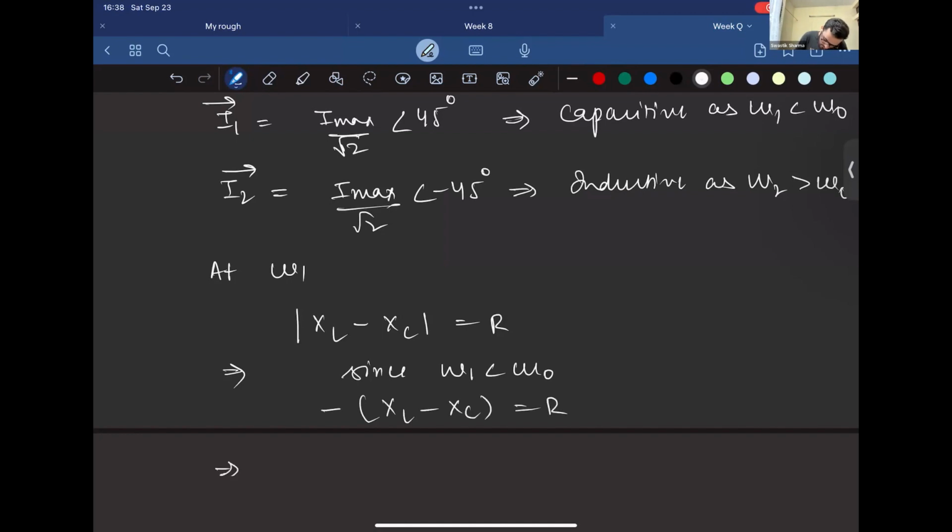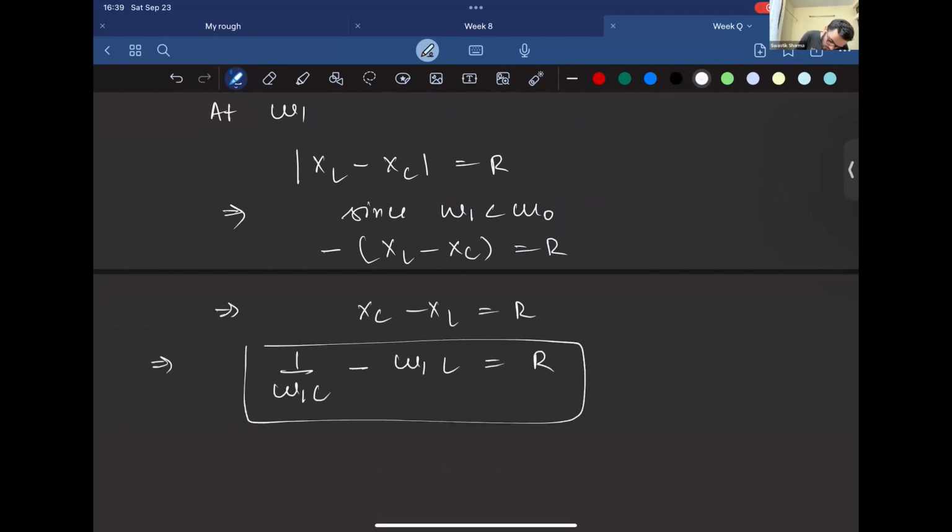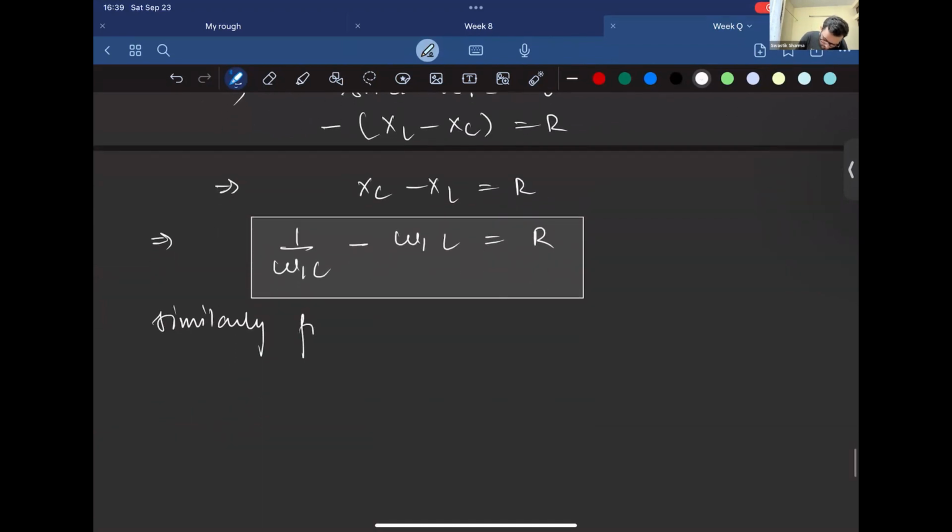That means XC minus XL is equal to R, which gives 1 over omega 1 C minus omega 1 L equals R. Similarly, if I write for omega 2, what will be the value? Can anyone tell me? It would be omega 2 L minus 1 upon omega 2 C, which would be equal to R.